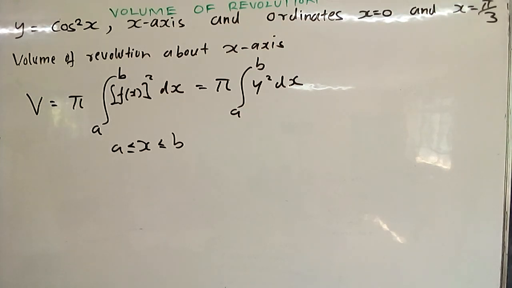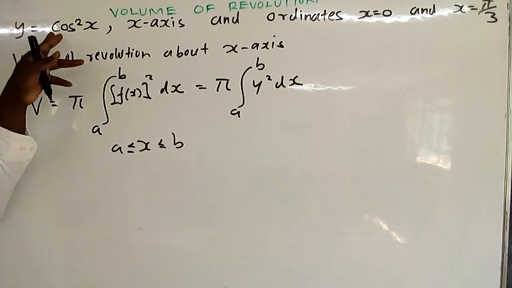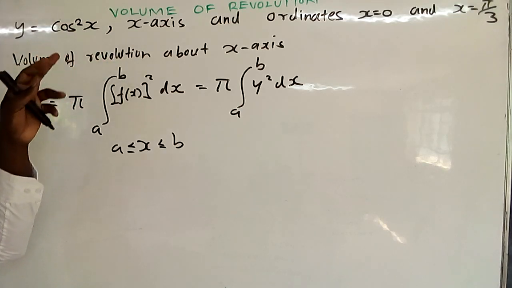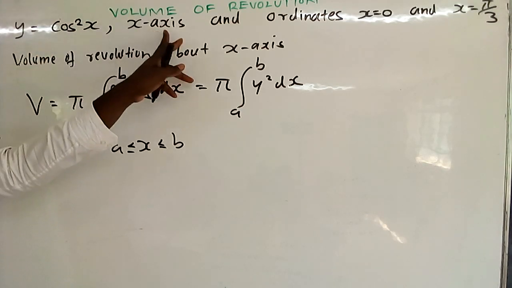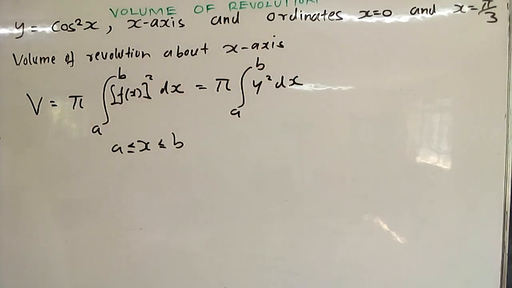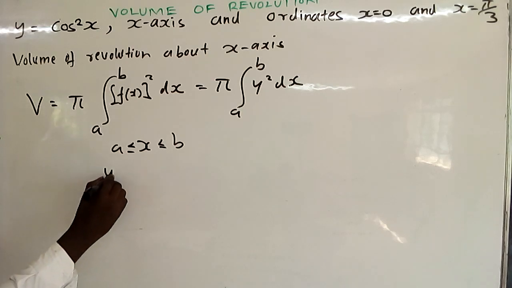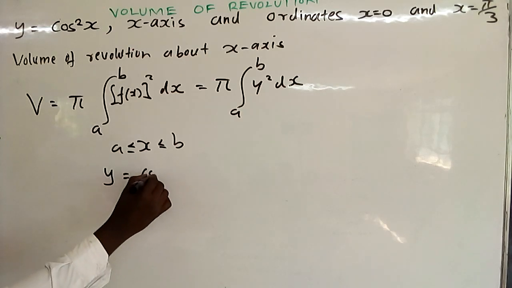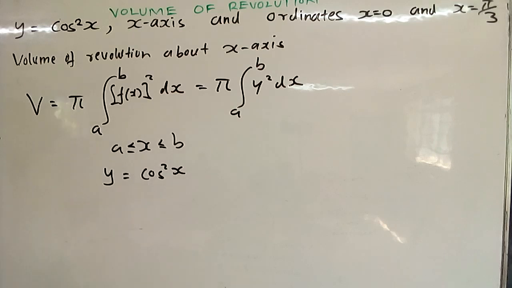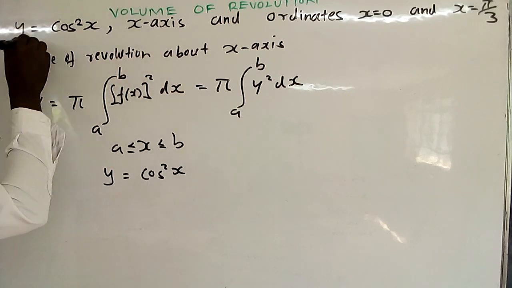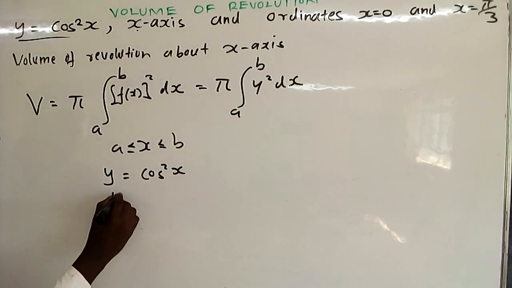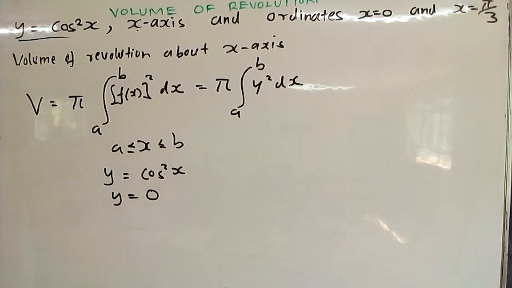We've been told the region is between the curve y equals cos squared x, the x-axis, and then the ordinates x equals 0 and x equals pi over 3. So if you want the region, remember the first curve here is y equals cos squared x, and the next bound, the x-axis, is the line y equals 0.